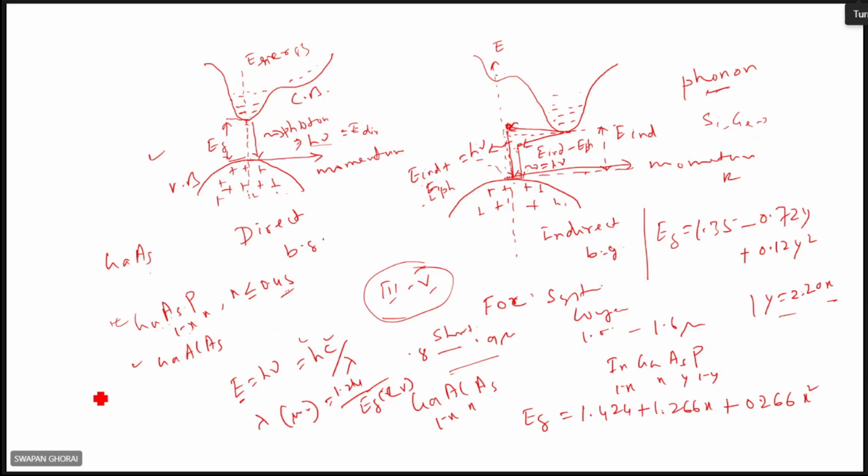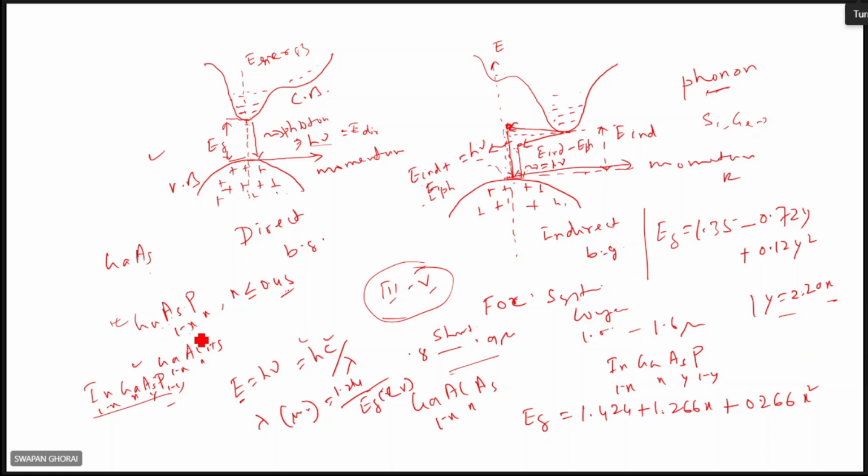It can be indium gallium arsenide phosphide also. Here it is 1 minus x, x, and here 1 minus x, x, y, 1 minus y, like these things, right? And in this case, the band gap can be varied by changing the value of x.